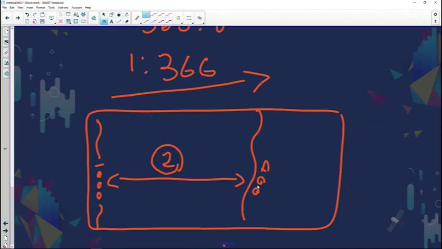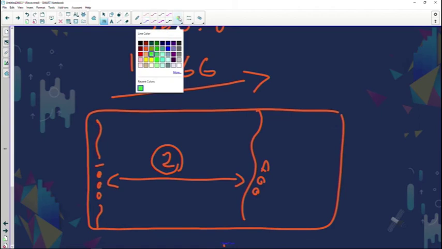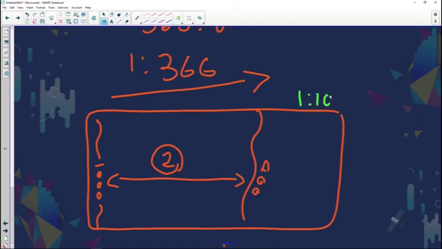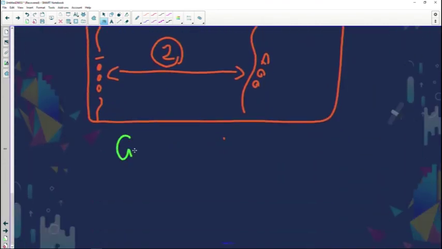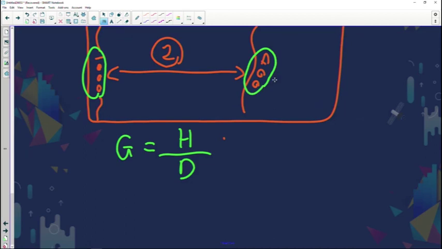Now, what's going to change over here? Very importantly, grade 12s, we're using an orthophoto map with a different scale. Now, the formula stays exactly the same. Gradient equals the height over the distance. To calculate the gradient from the contour line that represents 1,000 meters in altitude to the contour line that represents 400, what do we do? We subtract the lowest from the highest.